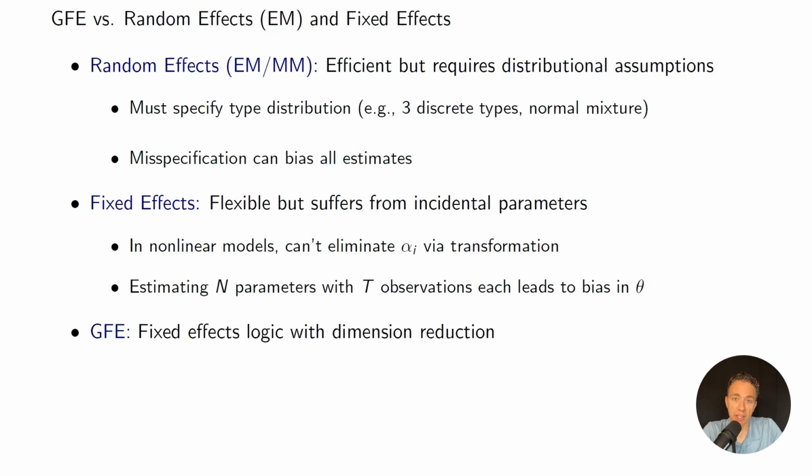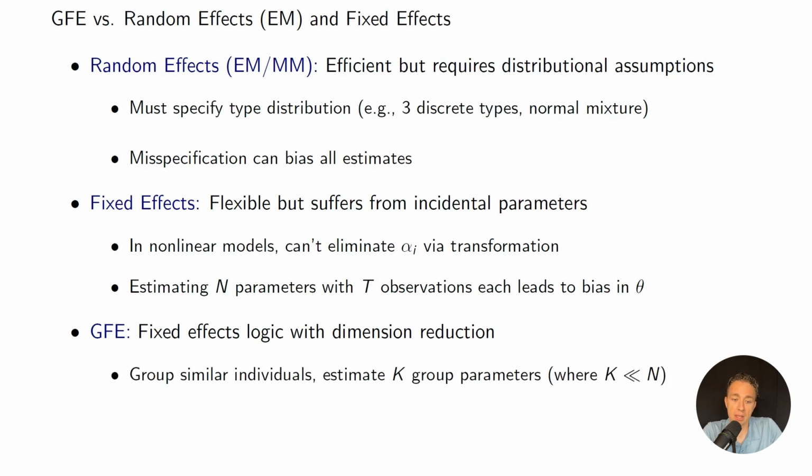The group fixed effects tries to play the middle ground on both of these. So it's basically fixed effects logic, but with a dimensionality reduction. And if we just say that there's some finite number of groups that's much smaller than n, then if we let n go to infinity, we're still going to get the same number of groups.